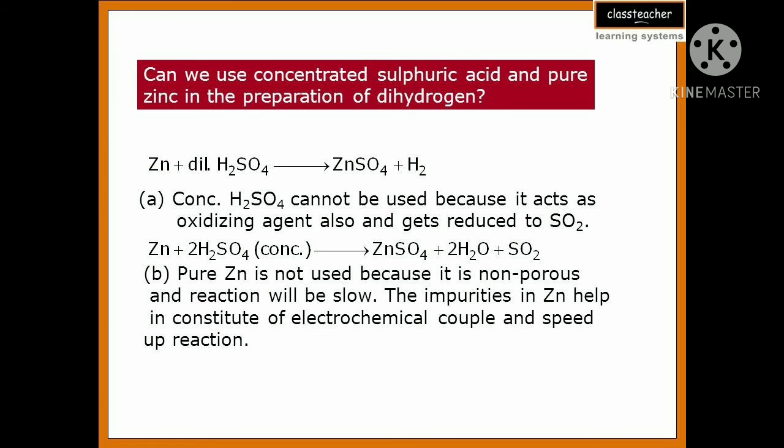Concentrated sulfuric acid cannot be used in this process because it acts as an oxidizing agent and also it gets reduced to sulfur dioxide. Now the reaction for this is zinc plus concentrated sulfuric acid. The products will be zinc sulfate plus water plus sulfur dioxide.